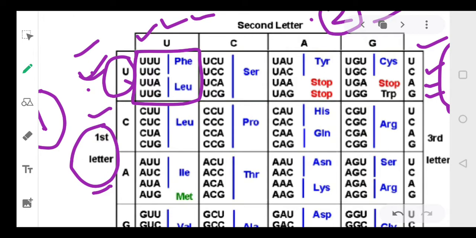The first two code for phenylalanine, while the second two code for leucine.